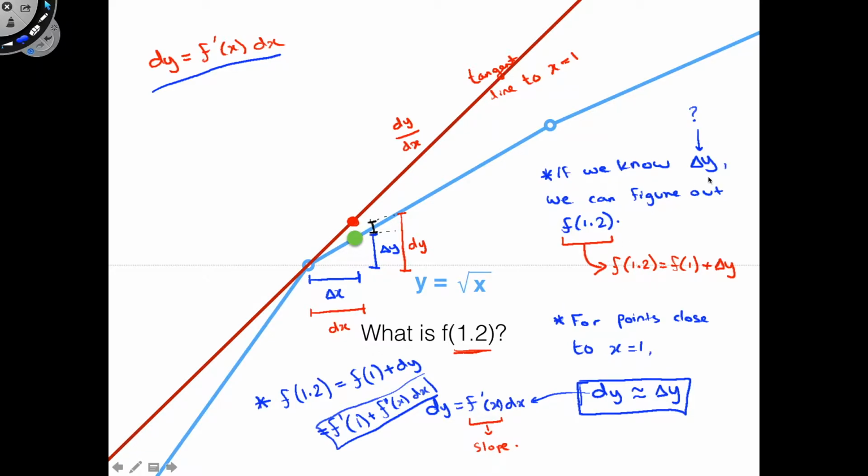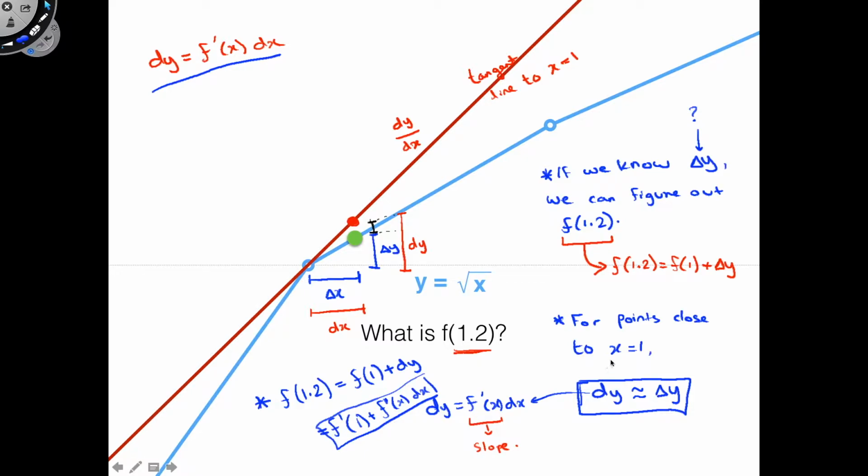However, we don't know delta y exactly. So therefore, we're taking advantage of this tangent line, and we're taking advantage of the fact that because the tangent line goes so close to x equals 1.2, we can say that for points close to x equals 1, dy is going to be roughly the same as delta y, okay?